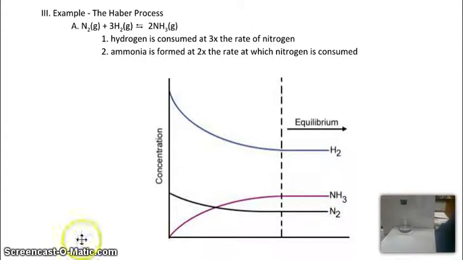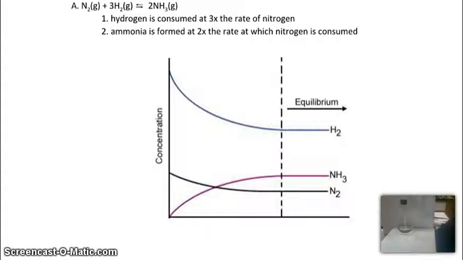Okay, so let me finish up the story. It's kind of an ironic story because Fritz Haber found a way to save the world by making the fertilizer to feed the world, but he also was very instrumental in helping to kill a lot of people. After he came up with the discovery, he got a Nobel Prize, a lot of money, a lot of recognition.